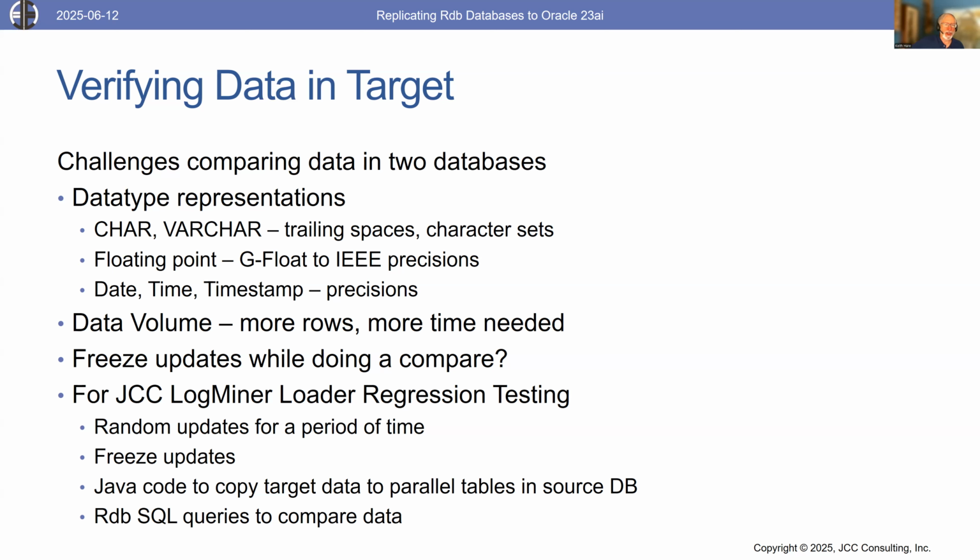So that works in a test environment. It doesn't work in a production environment. So there is a challenge in validating to yourself that the data that's been replicated to the target does actually match the data in the source database. And we can spend some time working with you if you have more questions on that.